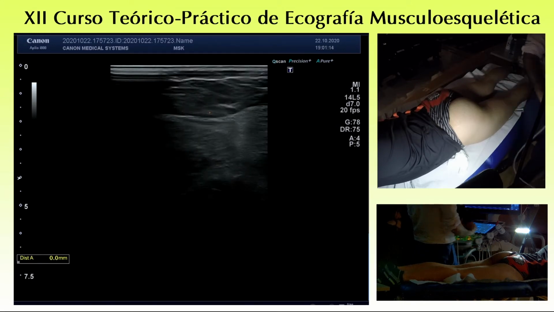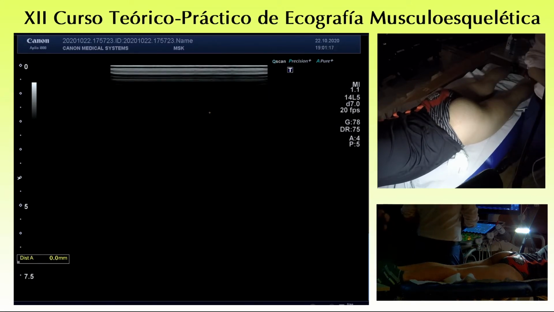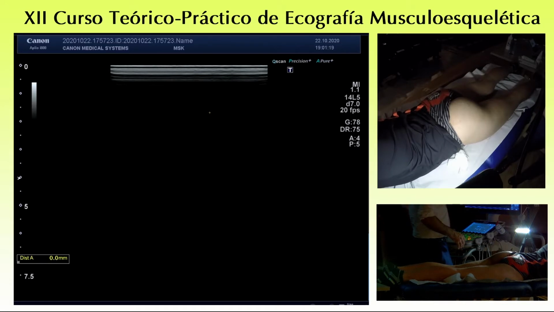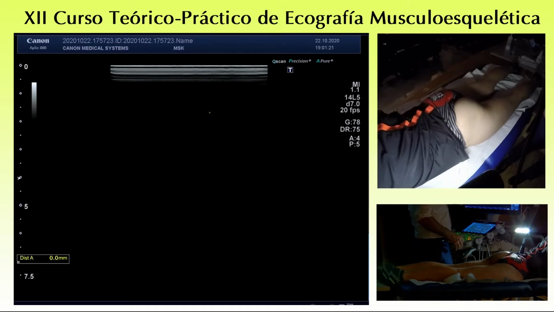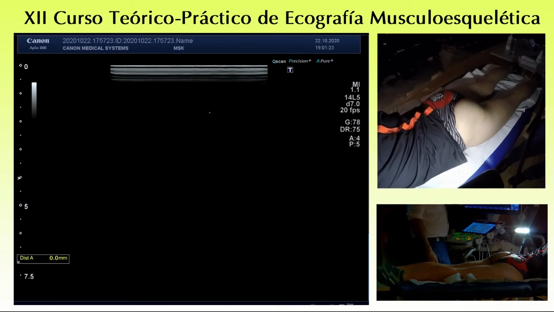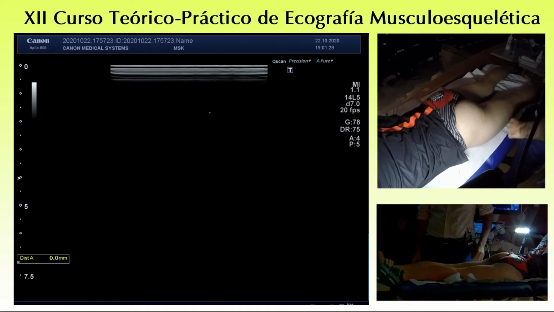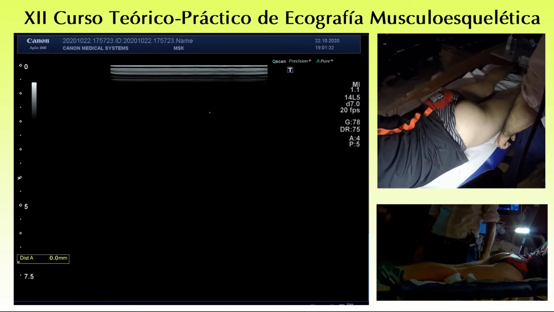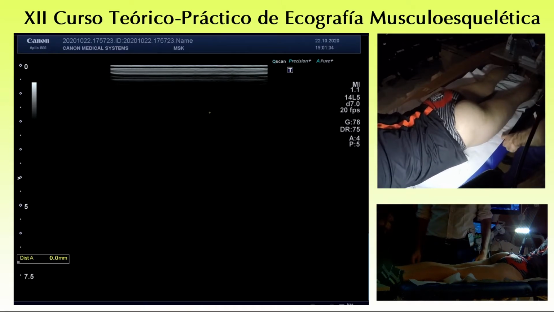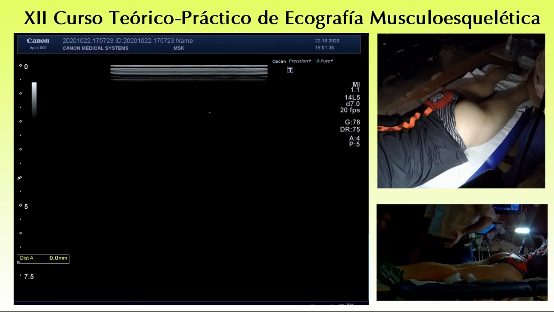Yeah, of course, it changes, and it could also be a dynamic maneuver to perform.